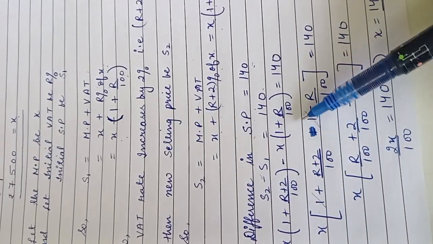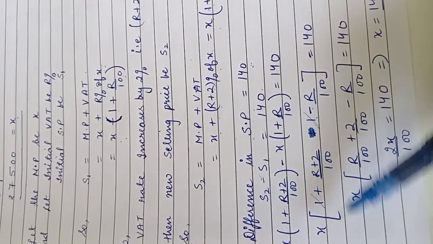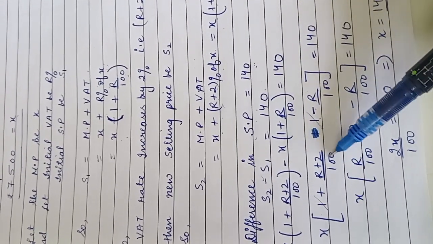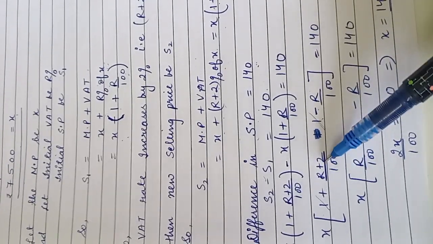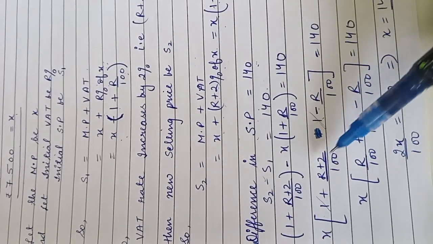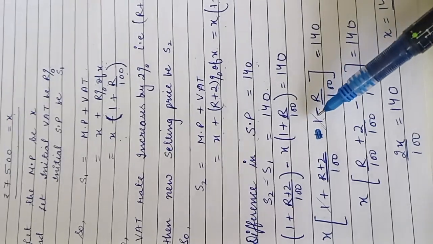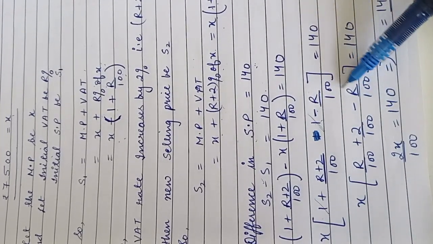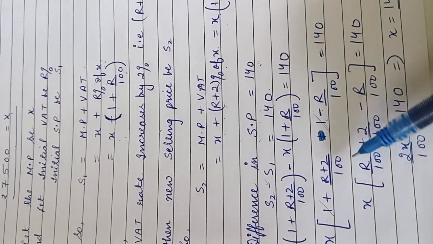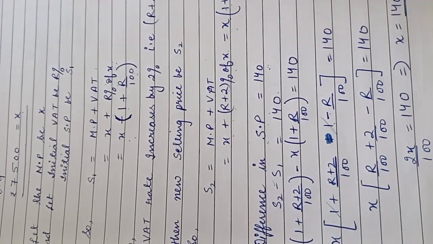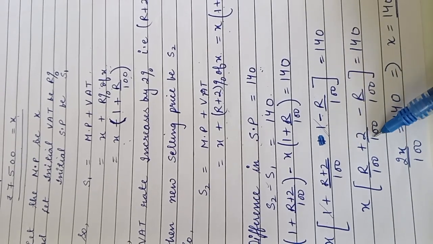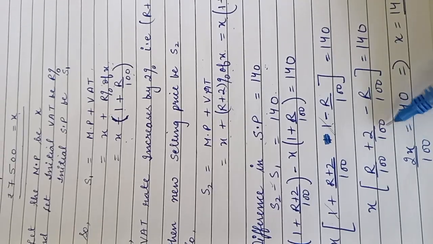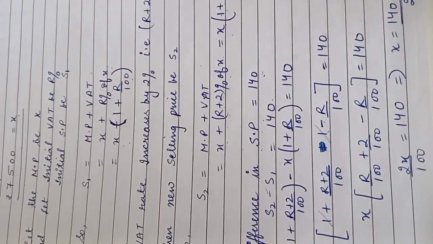Now 1 minus 1 will cancel out. Here r upon 100 plus 2 upon 100 minus r upon 100, both terms are divided by 100. Again r upon 100 minus r upon 100 will cancel out. So what is left in this bracket is only 2 upon 100. 2 into x upon 100 equals 140.